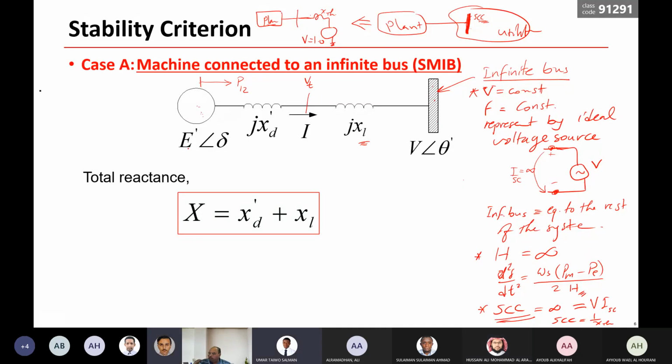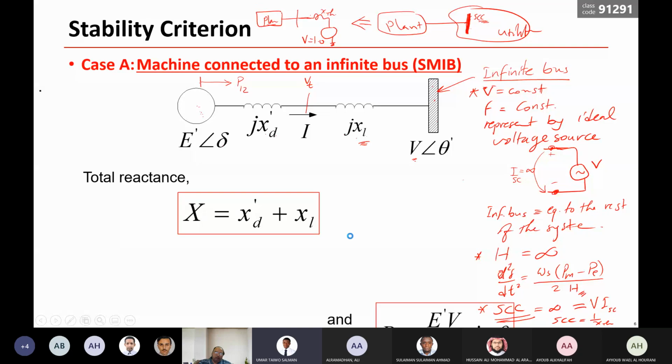E prime multiplied by V, the voltage at this bus, divided by the sum of the reactances, multiplied by the sine of the angle difference between delta and theta prime.